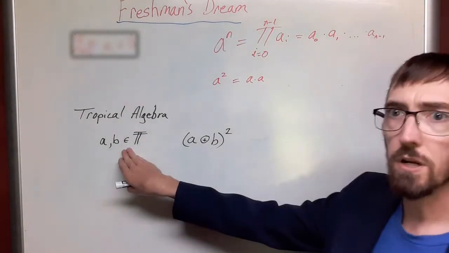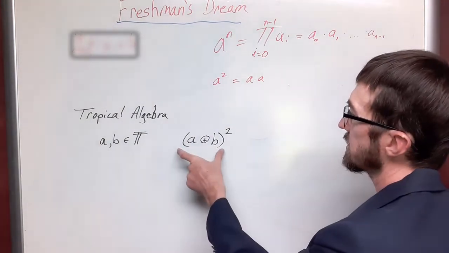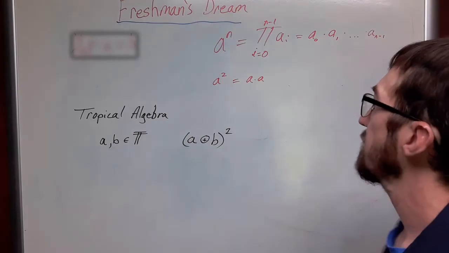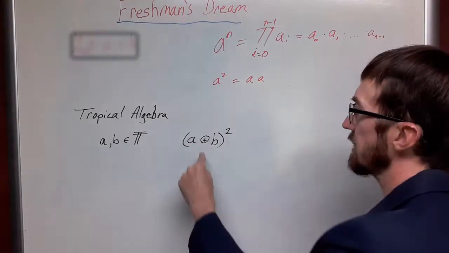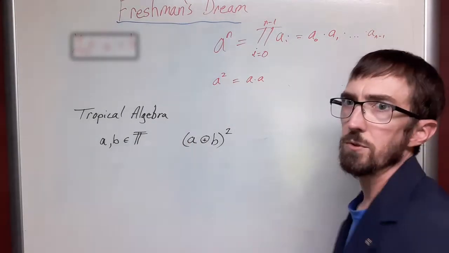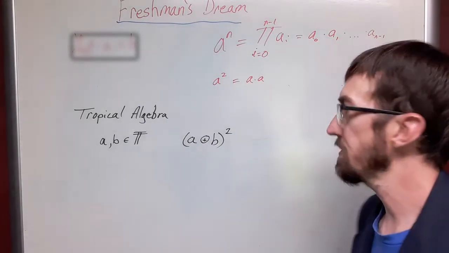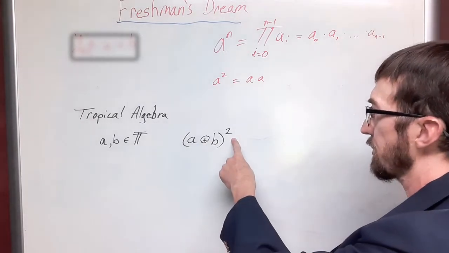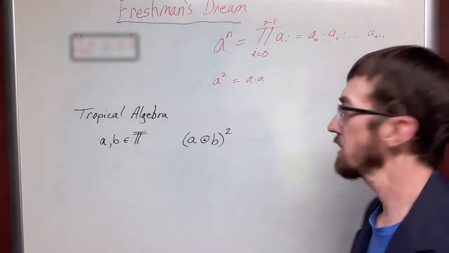And a and b are elements of the tropical semifield. And so we have a slight modification here. This plus with a circle around it is indicating that we are doing addition in this tropical semifield. So it's addition as defined in the tropical semifield, and then the multiplication that we do will be the multiplication that is defined in the tropical semifield.